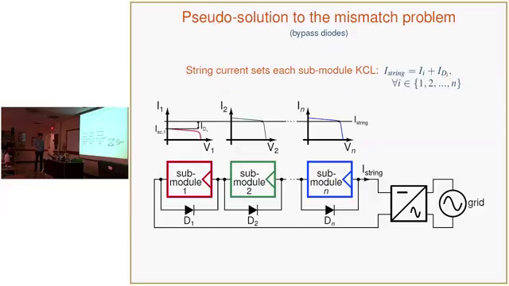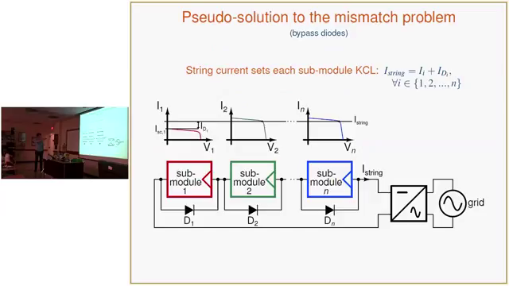So in a way, these diodes are essentially compensating for the mismatch, but they're not operating the submodule at its maximum power point, right? It's just shedding that extra amount of current away from that submodule and keeping it within the first quadrant. And also, you're not operating that submodule at its maximum power point. You're shorting it out.